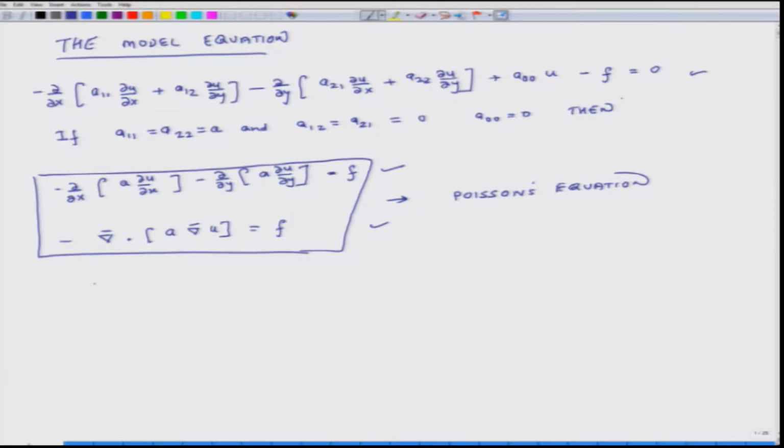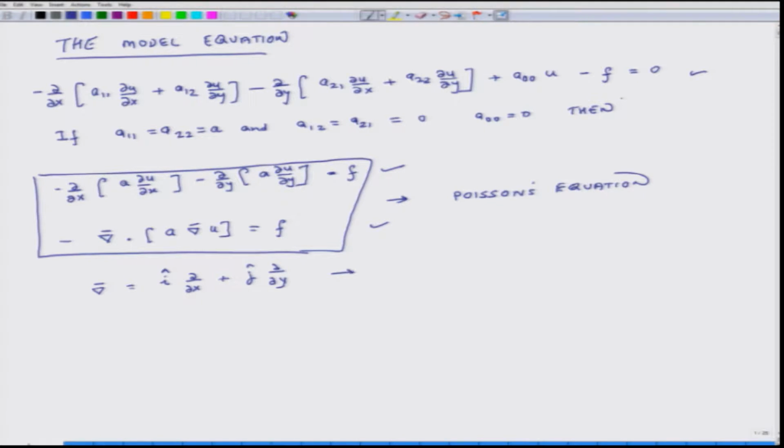And to recapitulate, this operator is nothing but a unit vector times del over del x plus another unit vector in the y direction times del over del y.